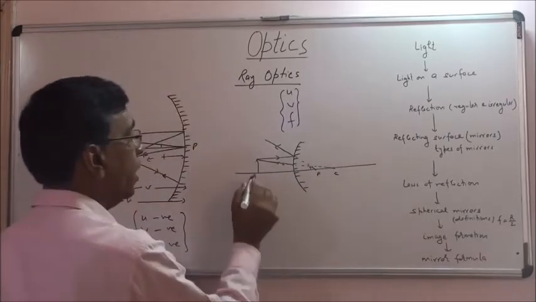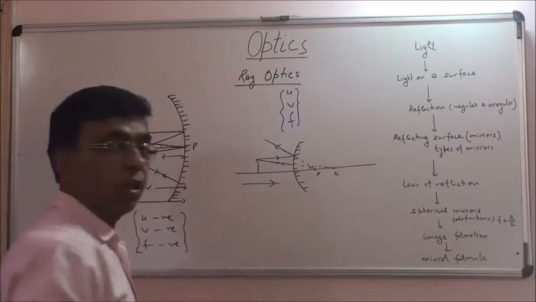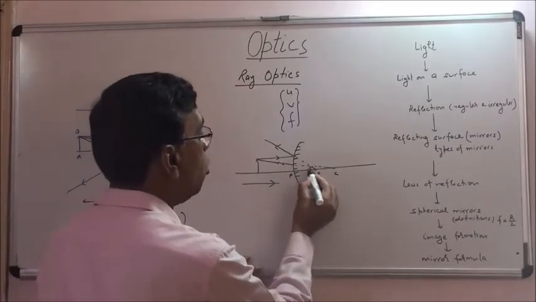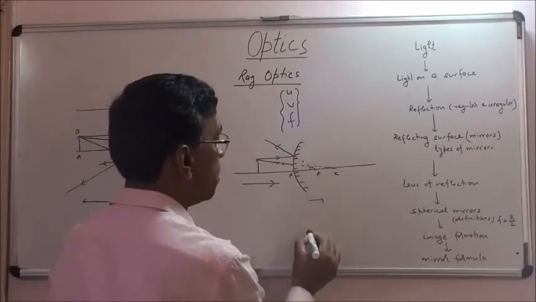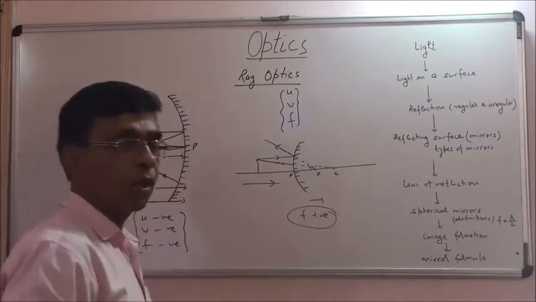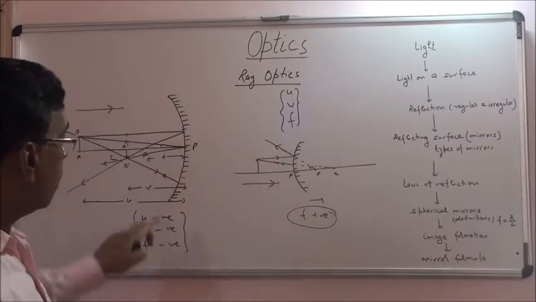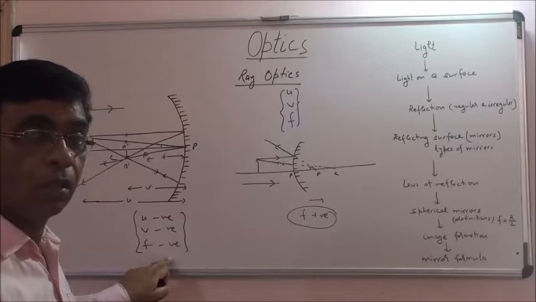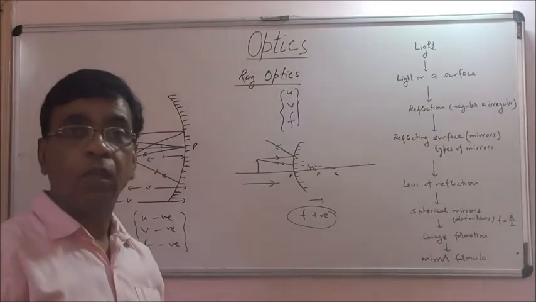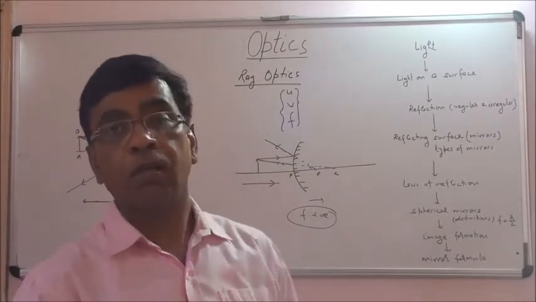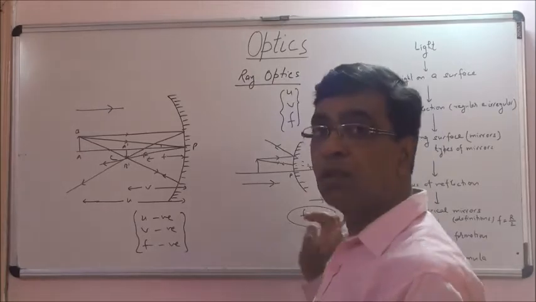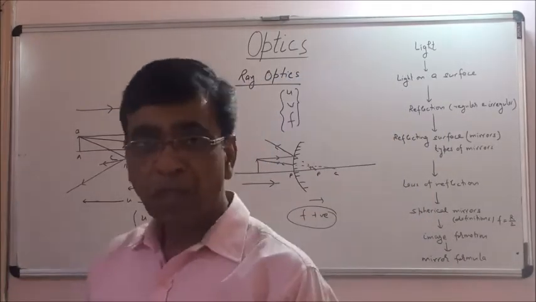Okay, so anyway, this is the direction of incident ray, and this is pole to focus, that's also in this direction. So F will always be positive for convex. For concave, focal length is negative, and this convention holds even for lenses. Concave lens, concave mirror, negative focal length. Convex lens, convex mirror, positive focal length.